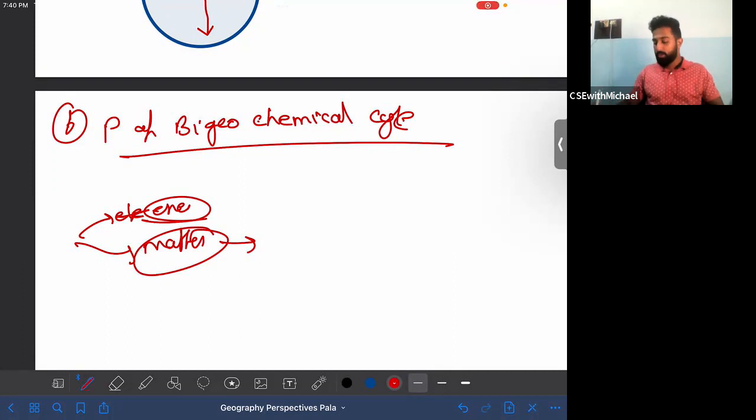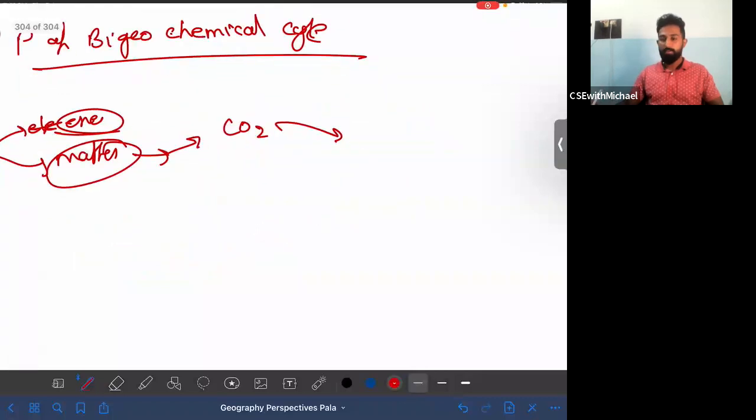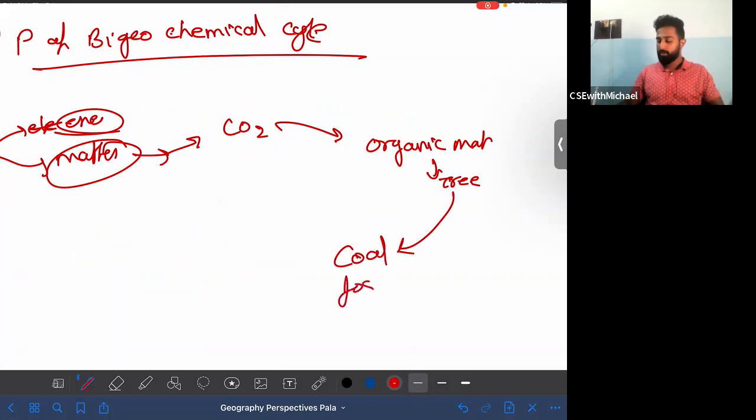For example, carbon dioxide would be converted into organic matter. Look at a tree, that's organic matter. Then that will be converted into coal or fossils.